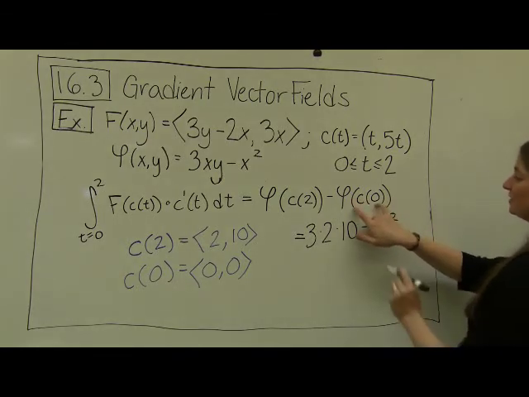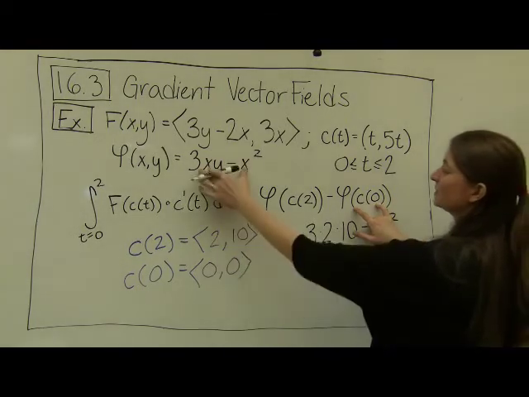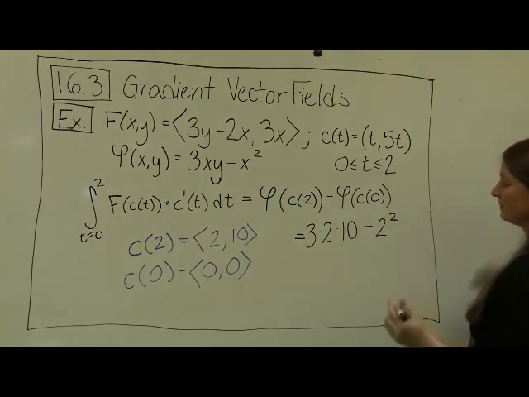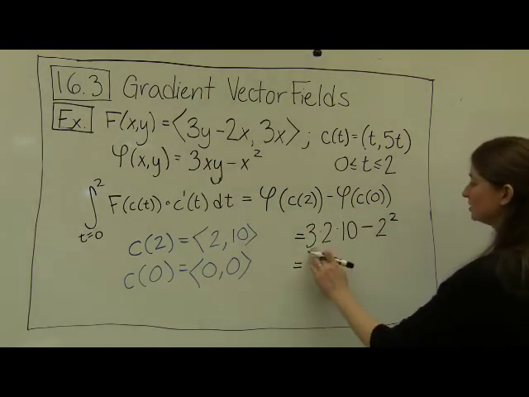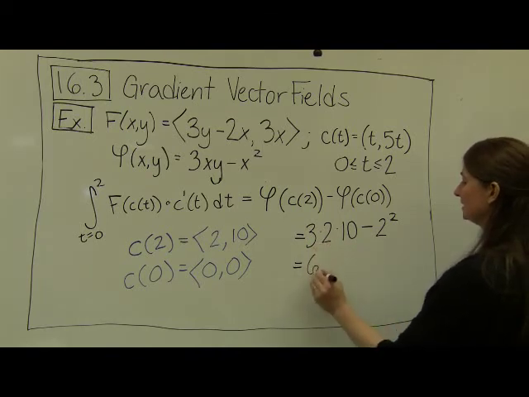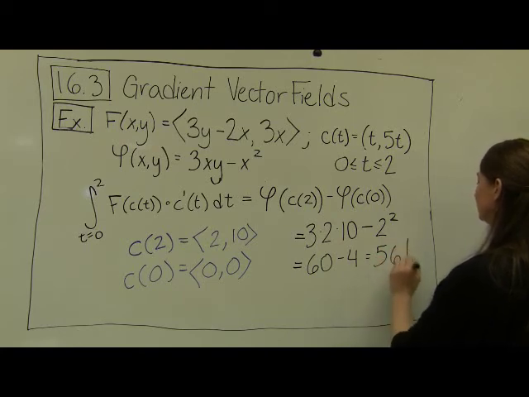And phi of 0, it turns out, luckily, when I plug 0 in for x and y, I get out 0, so I don't even have to worry about that. And what is this? This is 3 times 2 times 10 is 60, minus 4, which is 56.